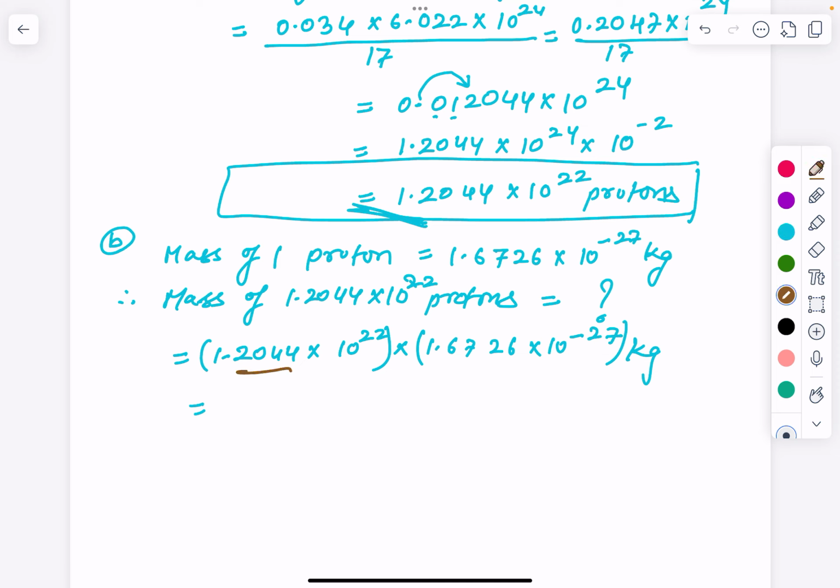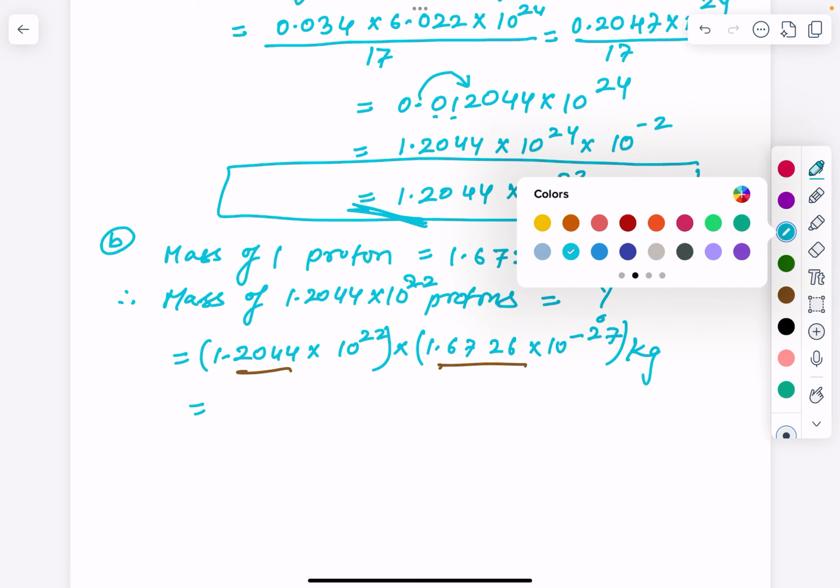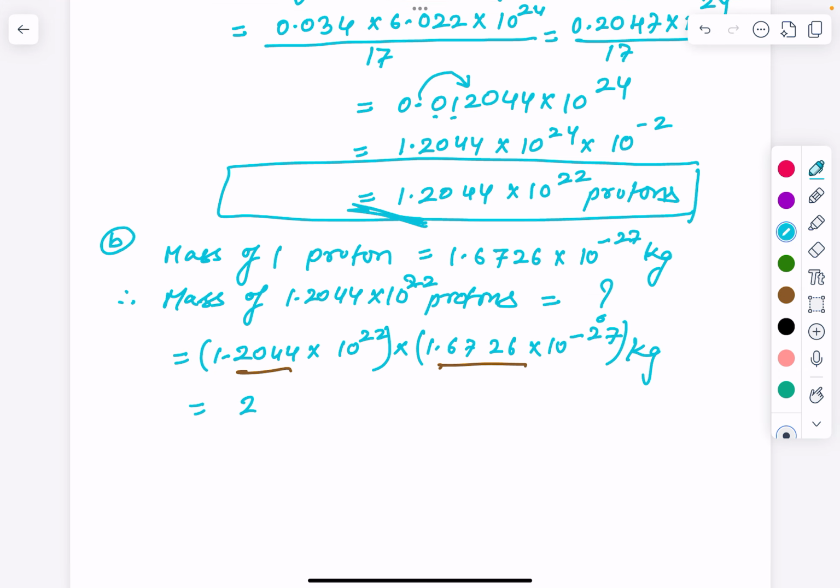When you multiply 1.2044 with 1.6726, you will get the answer as 2.0145. You take these powers into consideration too, adding them: 22 with minus 27, so you subtract 22 from 27.